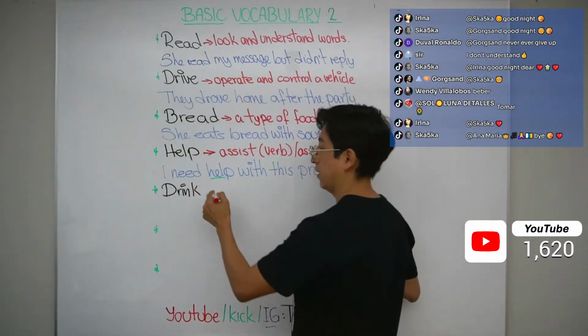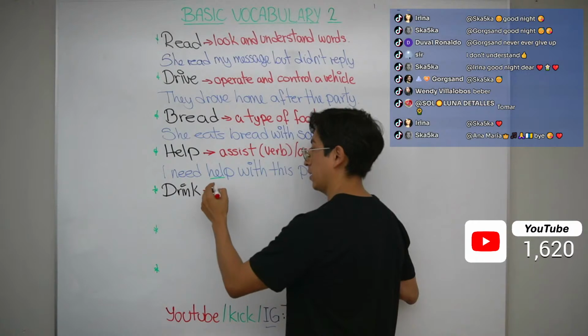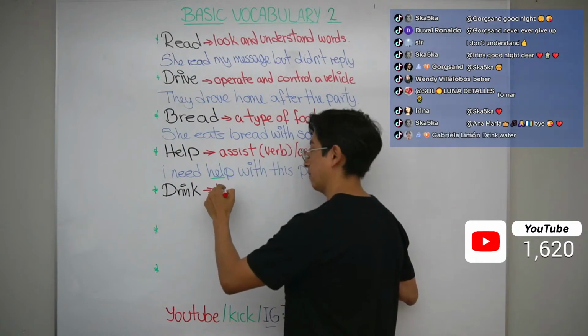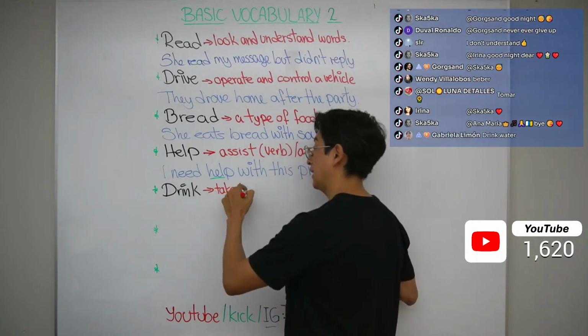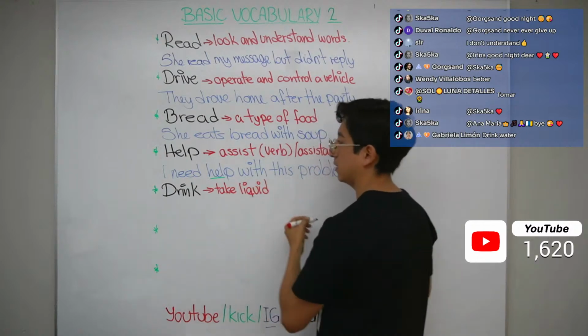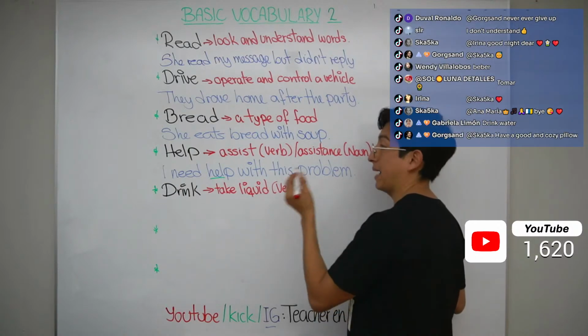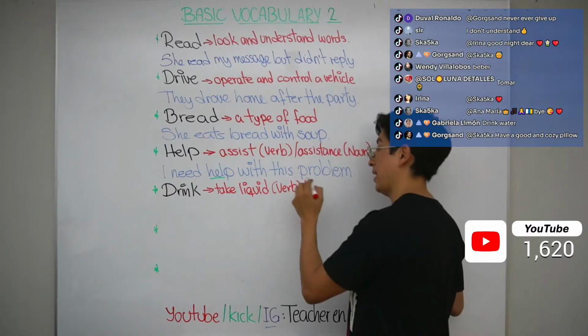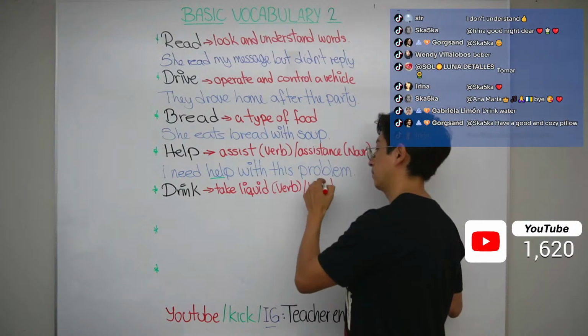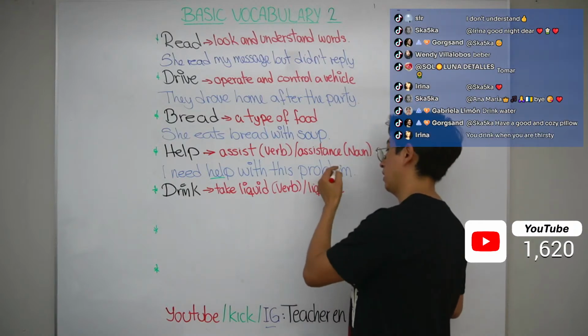Number one. Okay, we can say, for example, take liquid. Okay, take liquid. This is a verb. Okay, but drink can be also noun. It is liquid. We use here a noun.